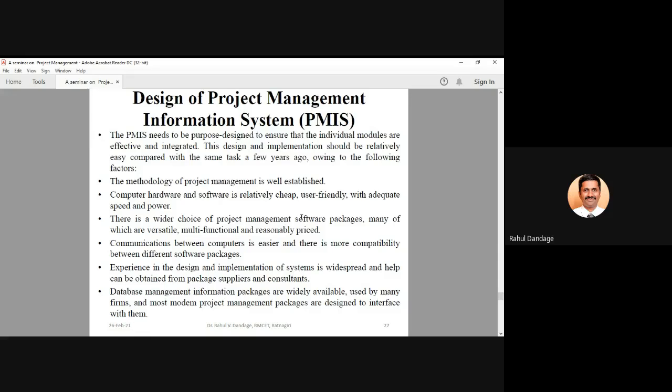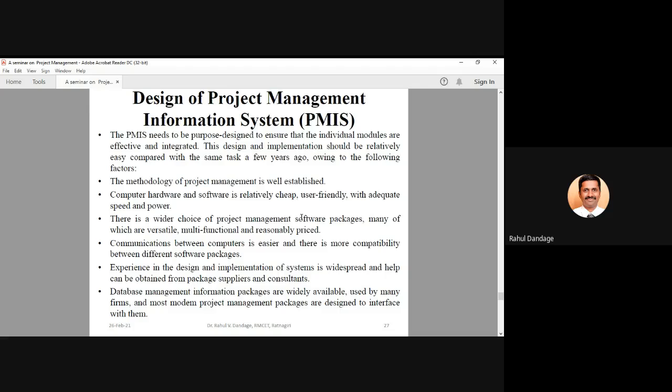If you are really interested to develop your career in project management domain and in project management field or project industries, then start thinking on learning for these softwares. Either of this, either MS Project or Primavera, whatever software you can learn, try to learn it online using maybe online tutorials available, online help available.